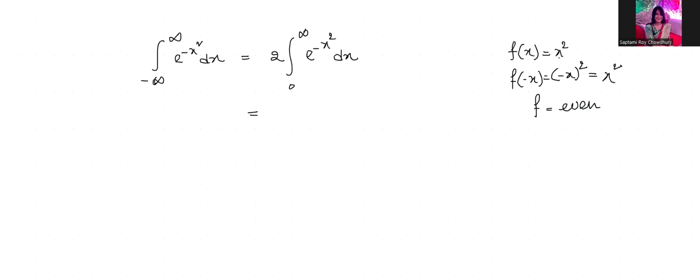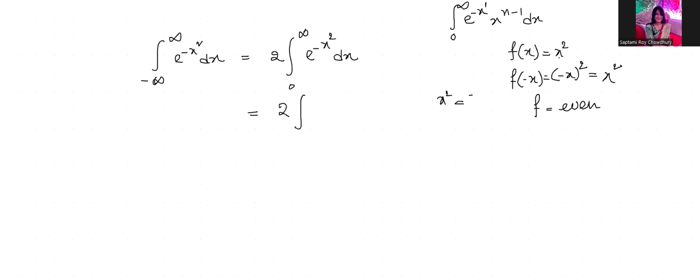Now this is 2 into 0 to infinity, and we will try to make it into the form of a gamma function. At the back of the mind, our tendency is to take it into that gamma function format. So here is an x term whose power is 1, and there is x square whose power is 2. So first we have to put x square equal to z.